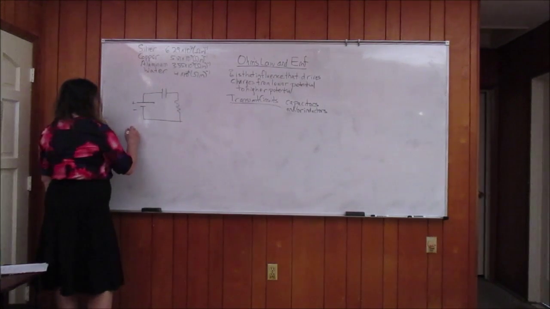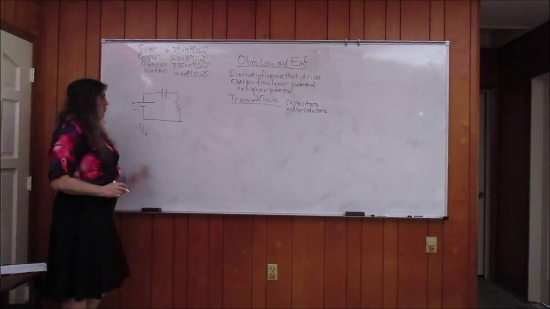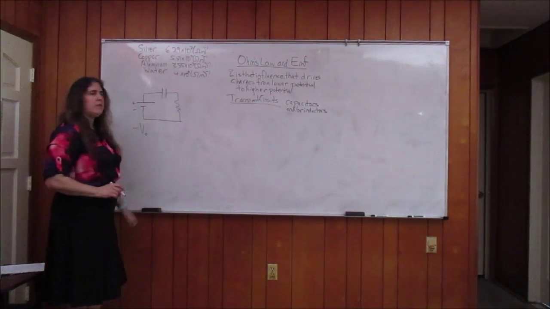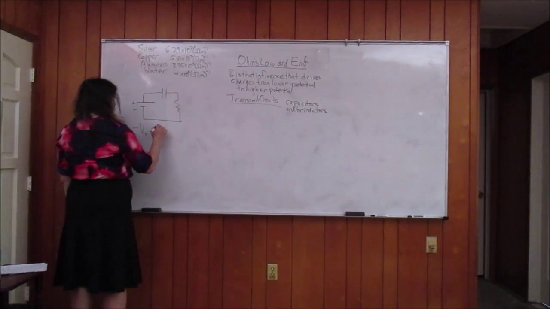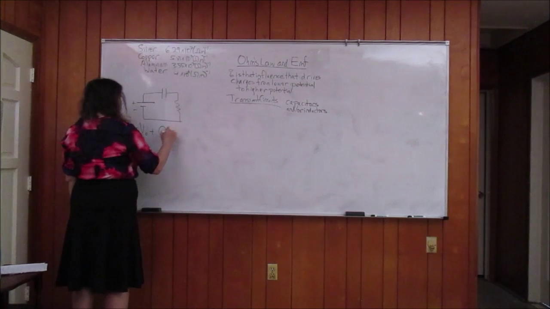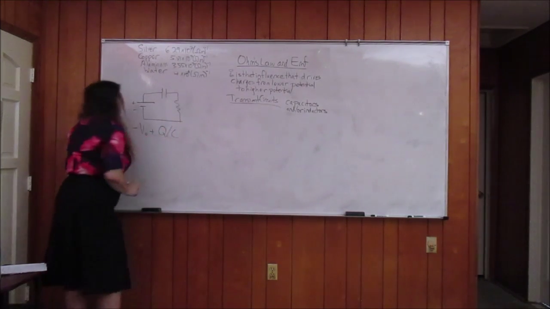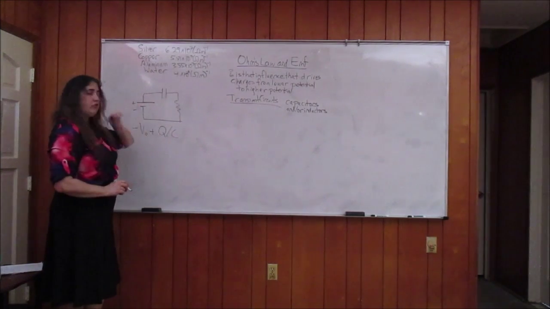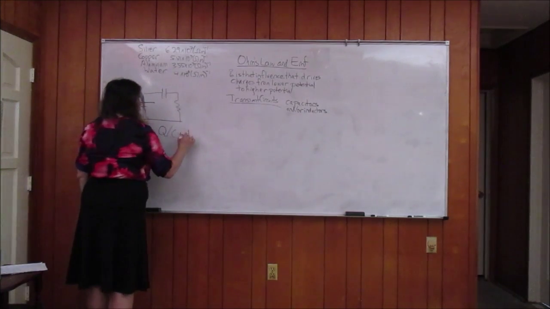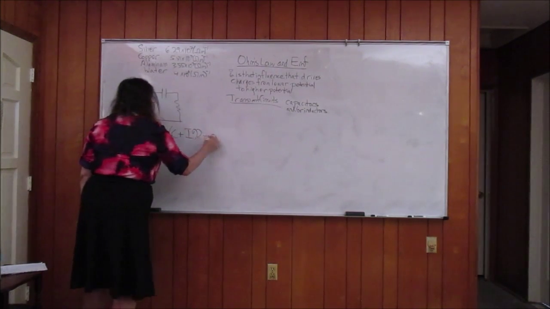So write down the voltages around the loop. We have minus V naught from the battery plus Q over C, the voltage across the capacitor, plus the voltage across the resistor.